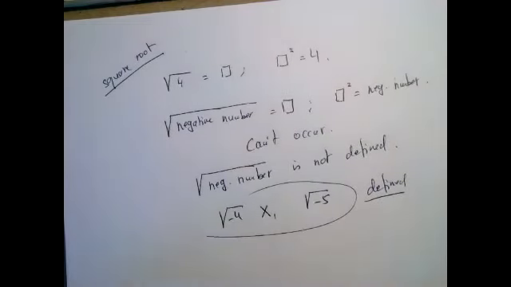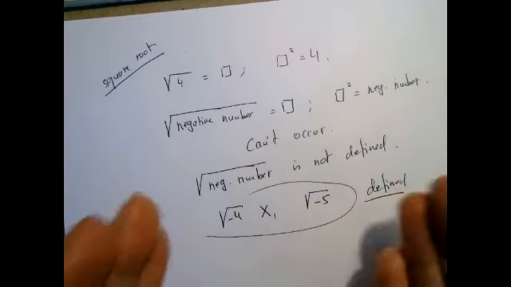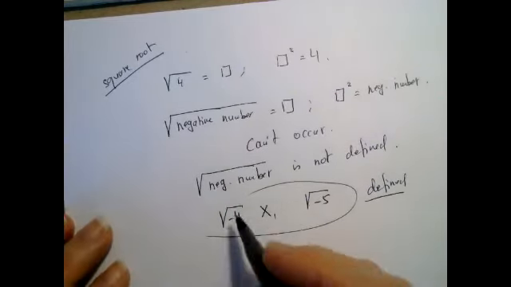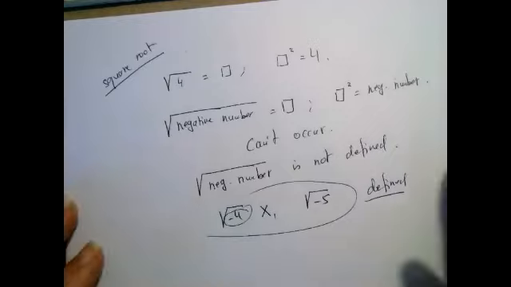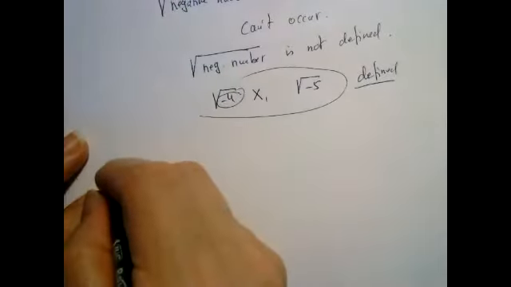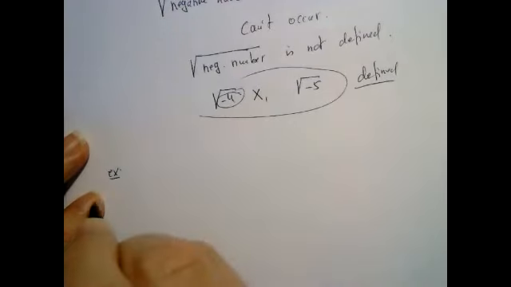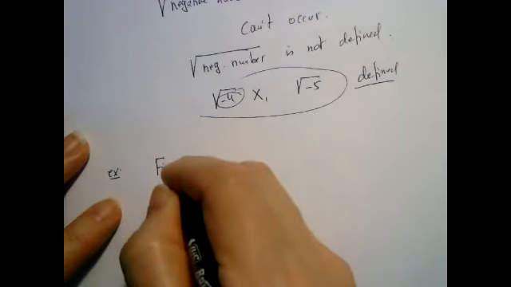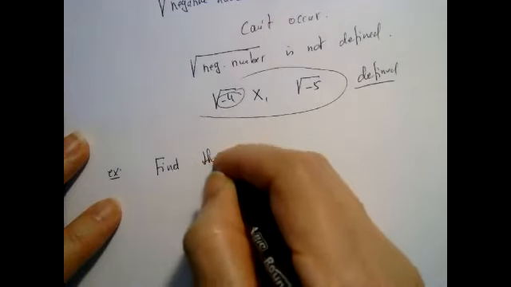So whenever I have a square root, for the square root of something to yield an output, what's under the square root has to be positive. So why are we talking about that? So now another example. Find the domain of the following function.